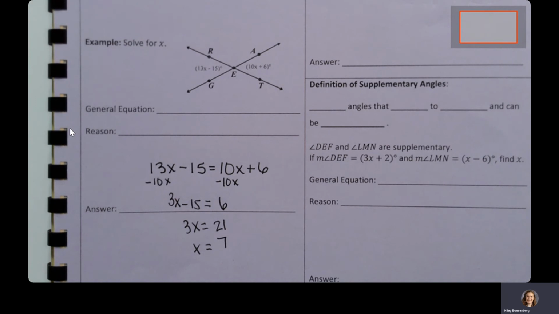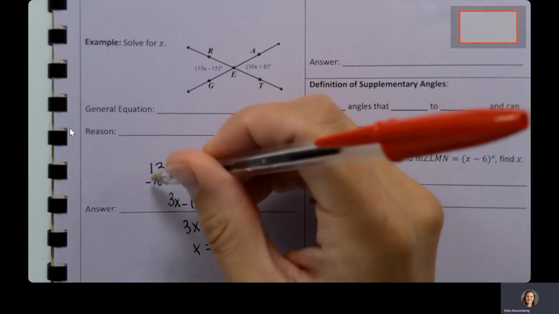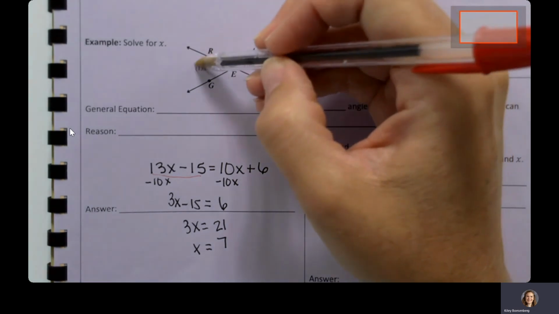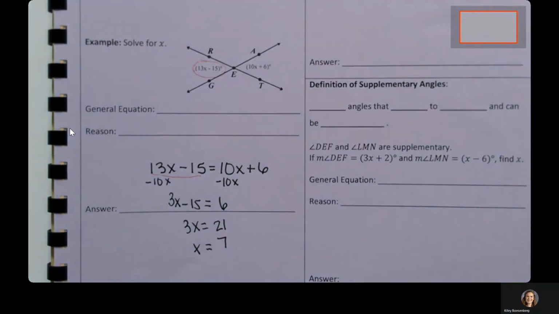Now we need to come up here and do a general equation. The general equation is just, what did you do? Well, I did this 13x minus 15. 13x minus 15 was right here. So that's angle REG. Okay, so that's going to be measure of angle REG.